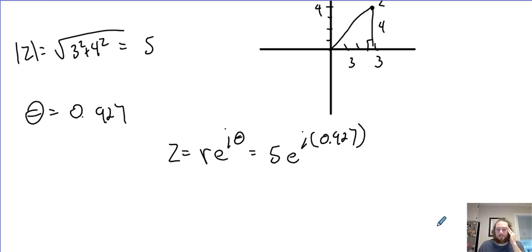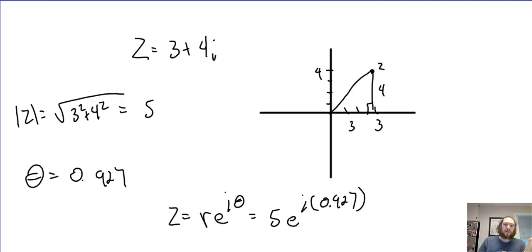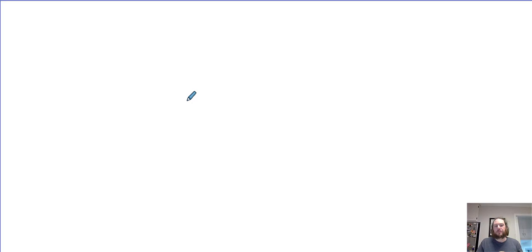There's our Euler's form. So I guess the question now is, why do I care about Euler's form or polar form? Well, something interesting happens when we start thinking about it in terms of Euler's form. So for example, if I had a complex number z, whatever z is, so it's some a plus bi, and I wanted to square that, if I wanted to do z squared, well, that wouldn't be too bad.